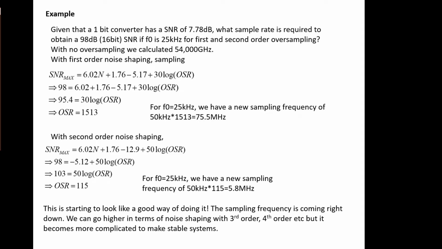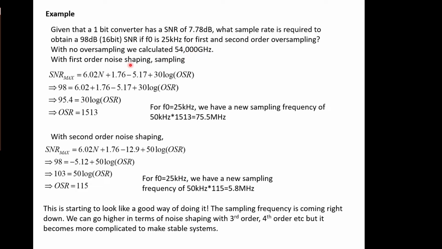So if we go back to our example of the 1-bit converter, if you could have such a thing, and maybe you're starting to see how this might apply now. We calculated that with no noise shaping we would need 54,000 gigahertz of sampling rate to get anywhere close to a 16-bit signal-to-noise ratio for quantization noise.